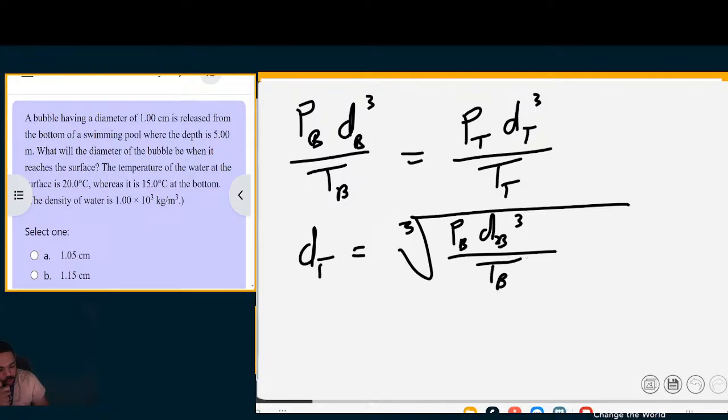TB, temperature at the bottom, multiplied by temperature at the top over pressure at the top, and the cube root of that. Now you substitute in everything that you have so far, and you should be able to get the answer.